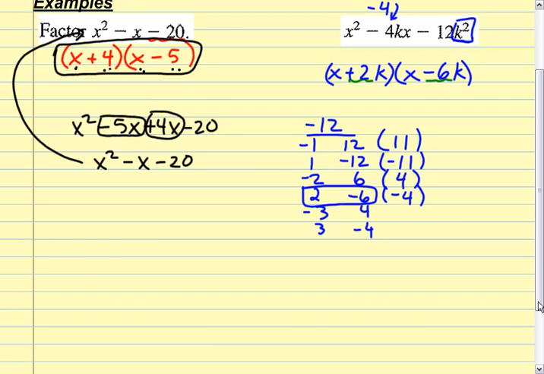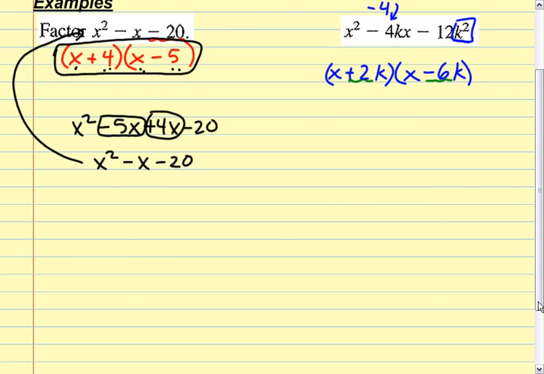Now, bear with me. I'm going to check this just to make sure I got the right answer, because I care if I got the right answer. Okay? X times x is x squared. X times negative 6k is negative 6kx. 2k times x is positive 2kx. And 2k times negative 6k is negative 12k squared.